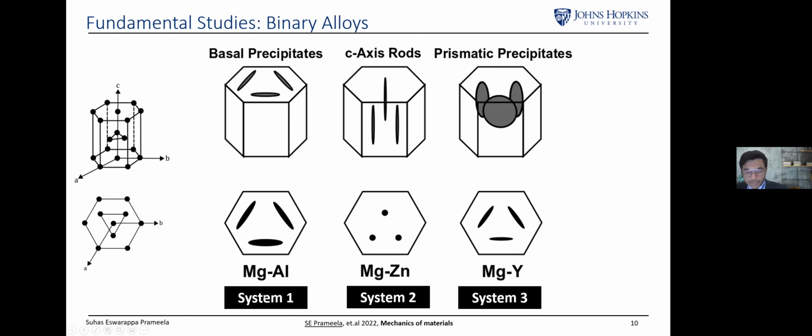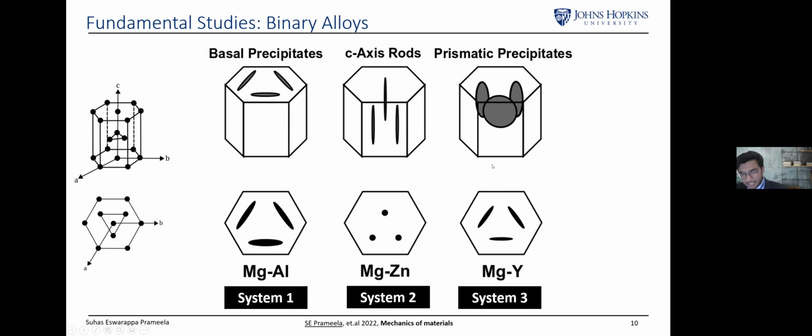The idea here was we would alloy magnesium with a small amount of this alloying element, such that the resulting precipitate or intermetallic that forms when you mix these two elements forms precipitates along different habit planes, right? So for example, magnesium-aluminum would form these basal precipitates, zinc would form C-axis, and magnesium-yttrium would form these prismatic plates, right?